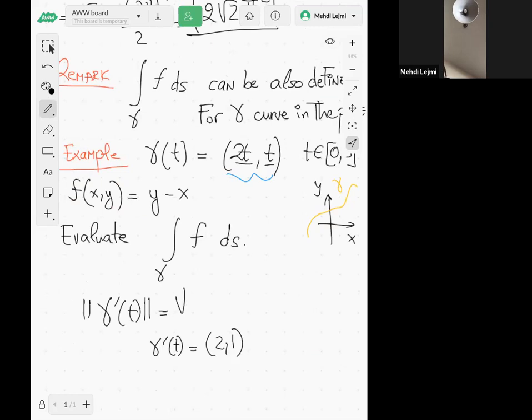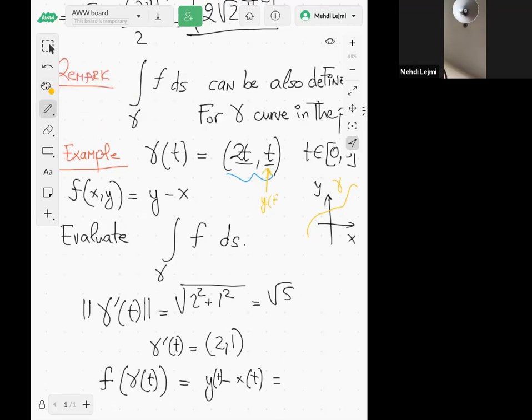Then the length of gamma prime is the square root of 2 squared plus 1 squared, that's the square root of 5. All right, and then f of gamma of t: f of x, y is y minus x, so it's y of t minus x of t. Well, y of t is equal to t, and x of t is equal to 2t, right? So y of t minus x of t is t minus 2t, and that is equal to minus t.